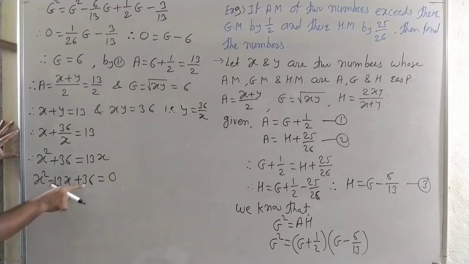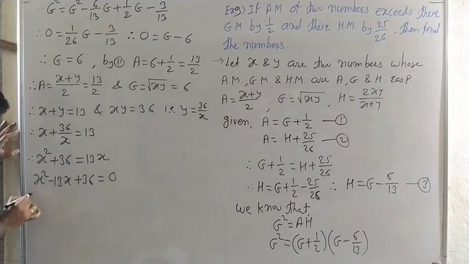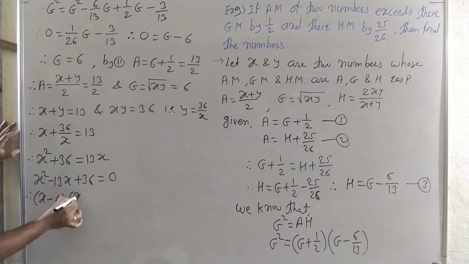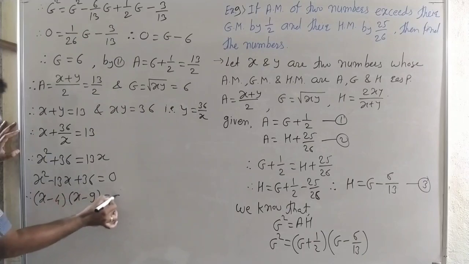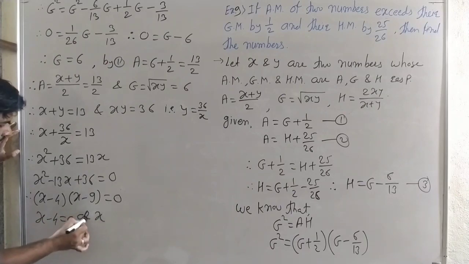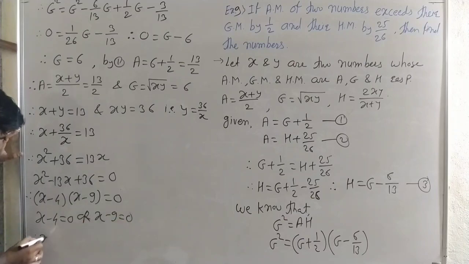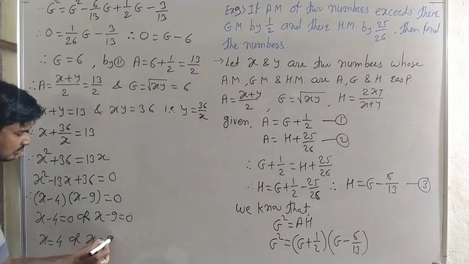Now here we take the factors, multiplication is plus 36 and addition is minus 13, 9 and 4. Therefore we can write x minus 4, x minus 9 is equal to 0. Therefore x minus 4 equal to 0, or x minus 9 is equal to 0, and therefore x is equal to 4 or x is equal to 9.